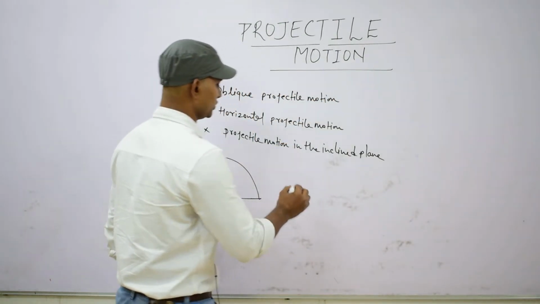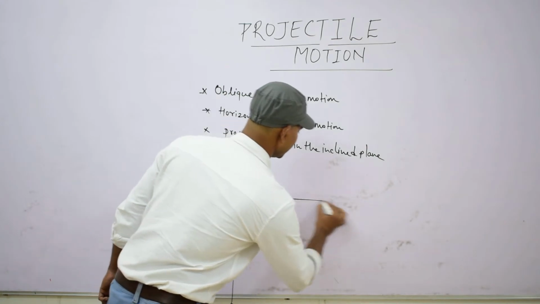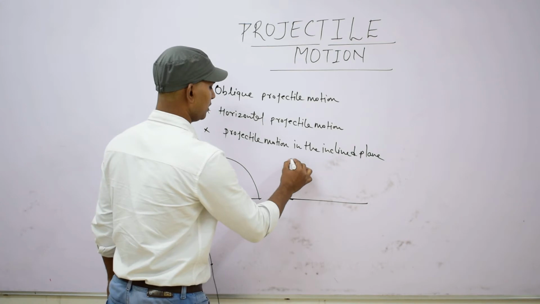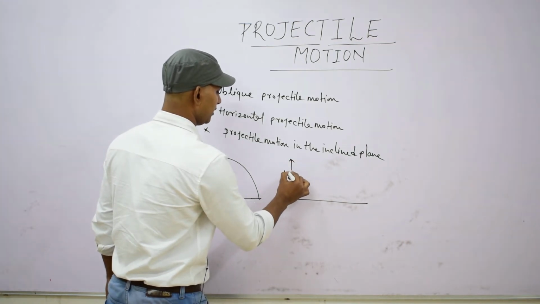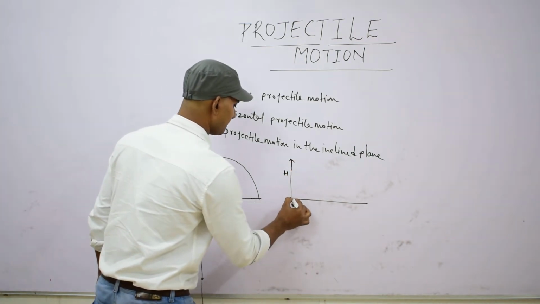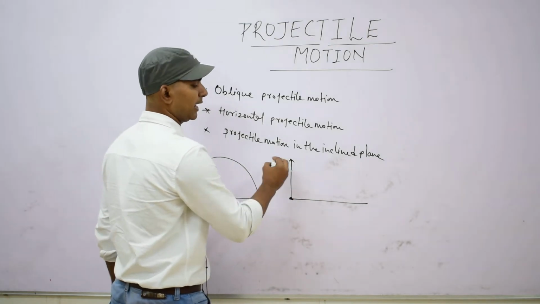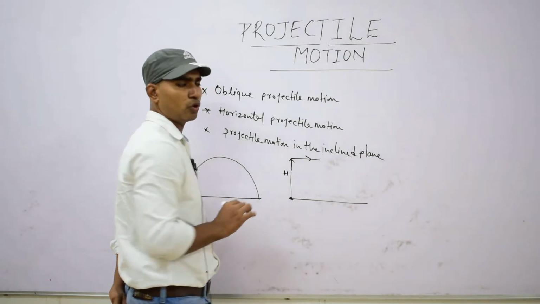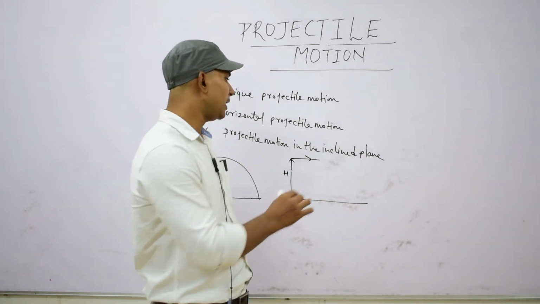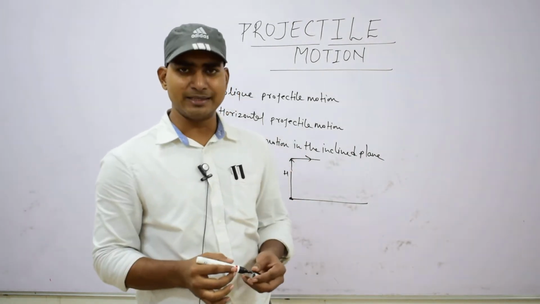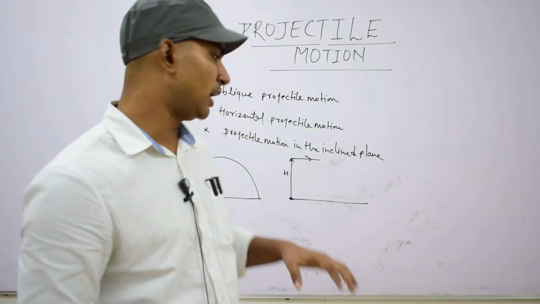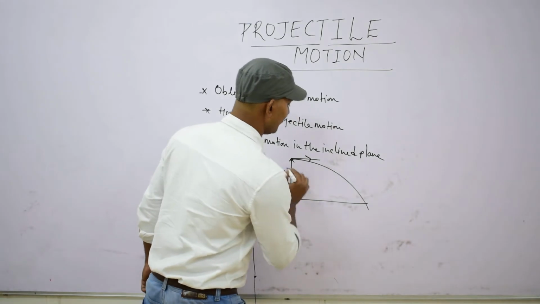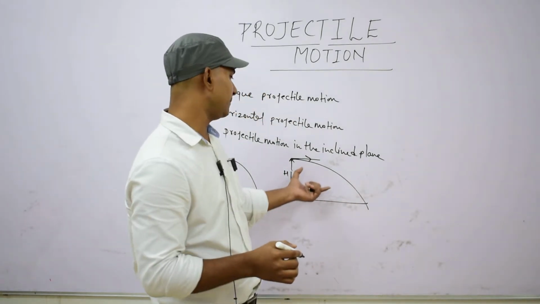Horizontal projectile motion: let's suppose this is our ground, and at a particular height, the body is thrown horizontally. If other parameters like air resistance and other forces are not present, then it will move like this, its path will be like this.